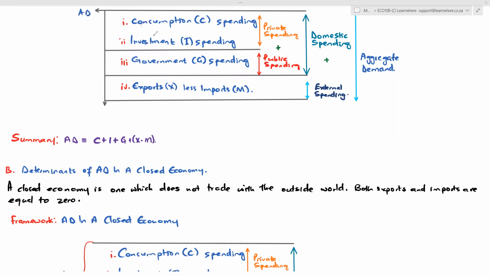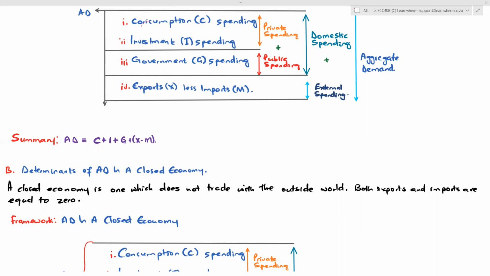But if you really want to understand how aggregate demand influences production, look at the components of aggregate demand itself. What determines consumption spending? Why do households sometimes spend a lot on goods and services, but spend less in some years? Why do businesses invest a lot? Because when businesses are investing a lot, aggregate demand is going to increase. And if aggregate demand is increasing, from the Keynesian model, production or income is also going to increase.